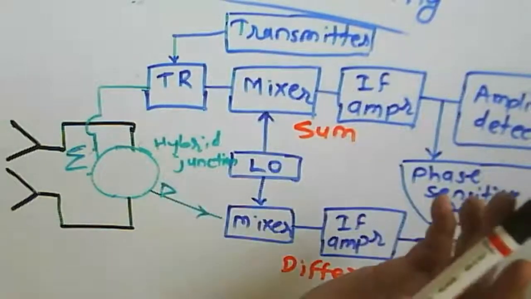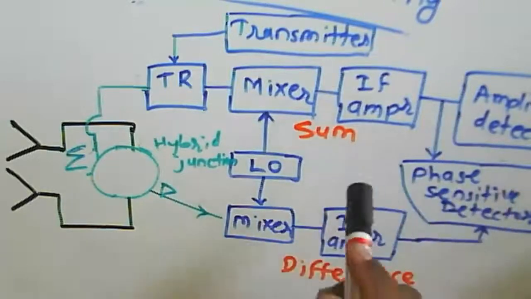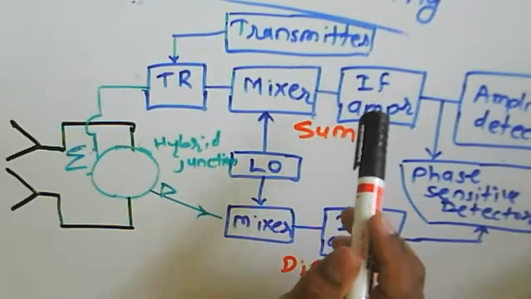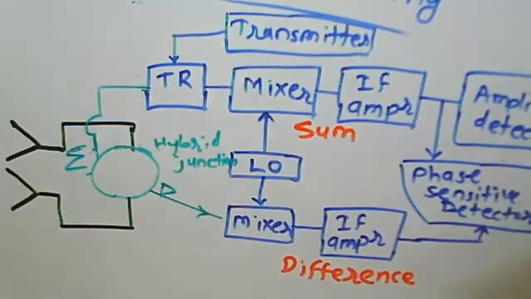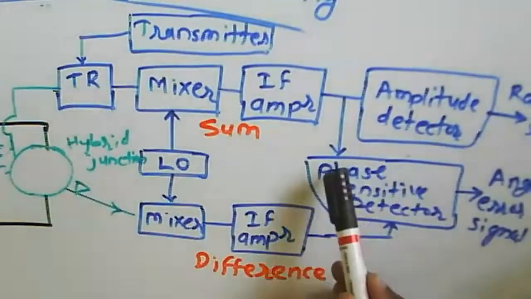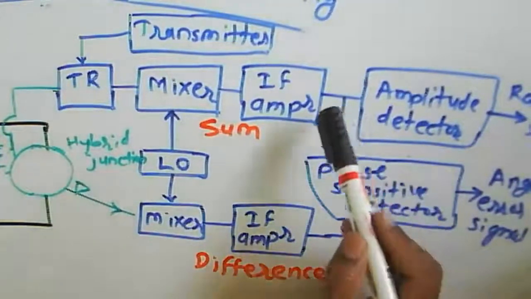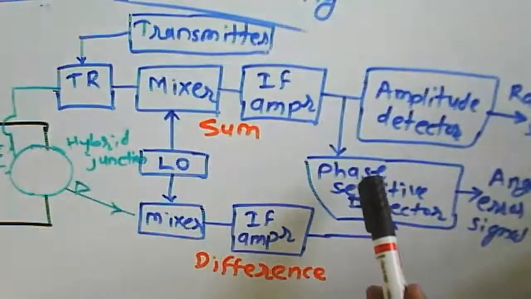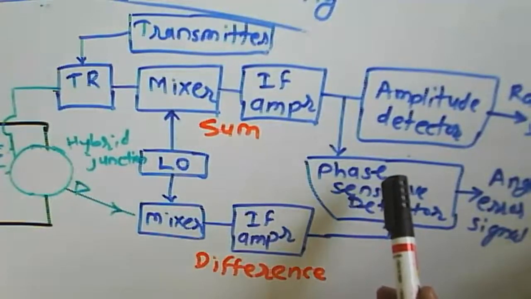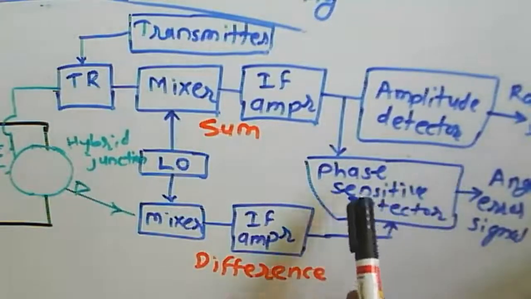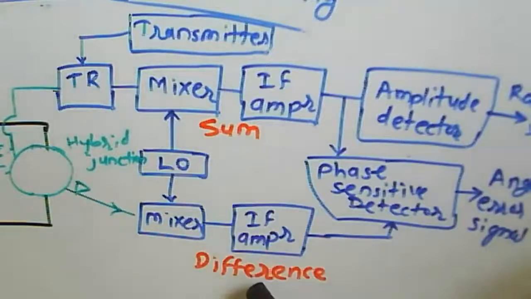So we are interested in these two pieces of information, the sum and difference channels, and they are the input to a phase sensitive detector, which will compare these two signals in terms of frequency and so on, from the sum channel as well as from the difference channel.